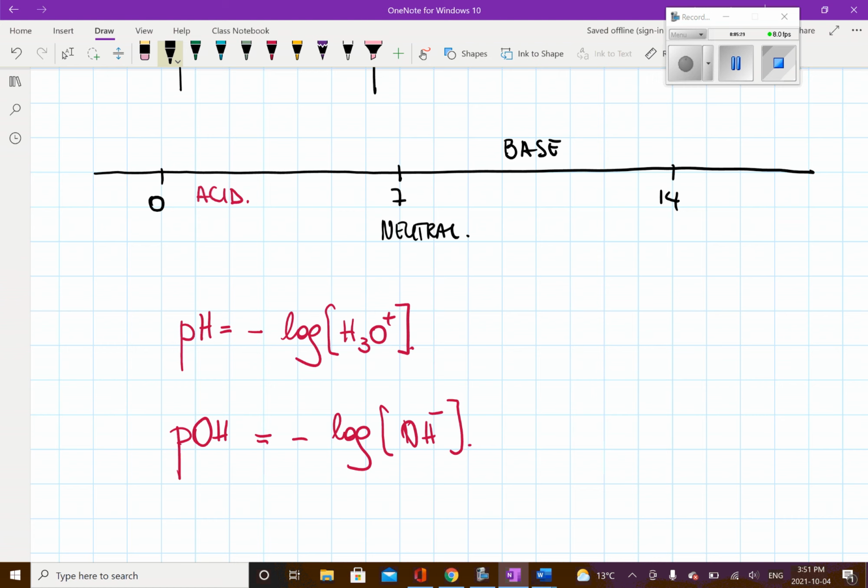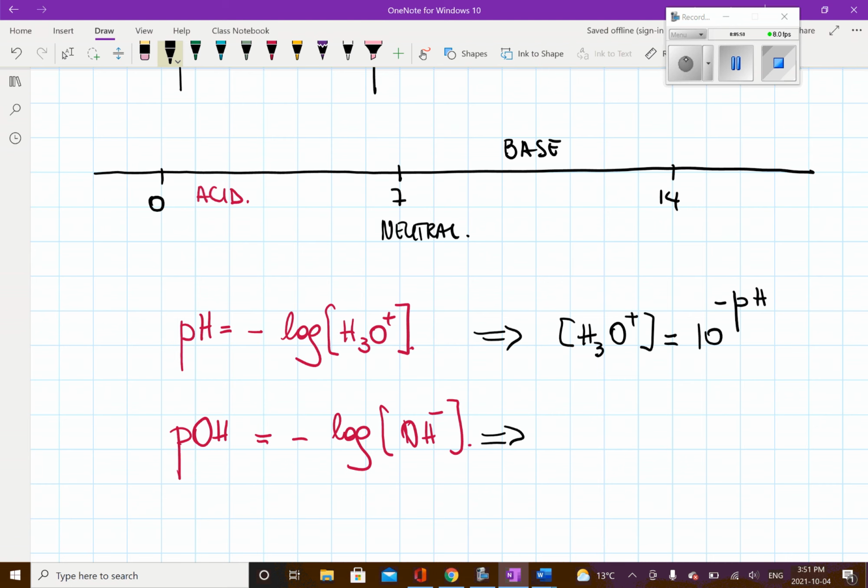This is the only reason. And from here, if we know the pH and we are looking to find the concentration of hydronium, then we go with 10 to the power of negative pH.